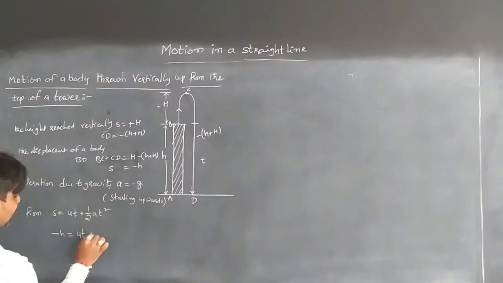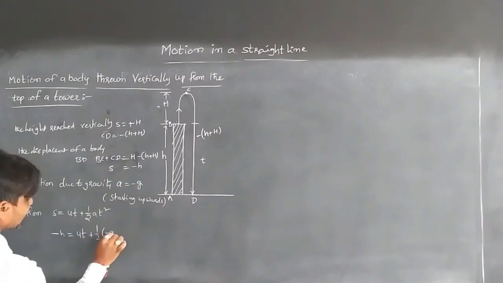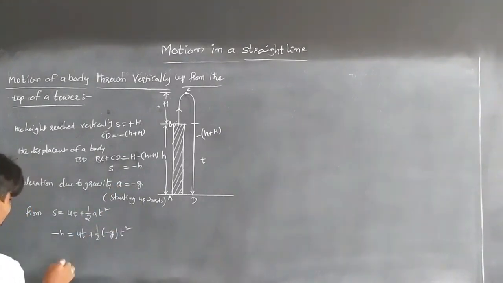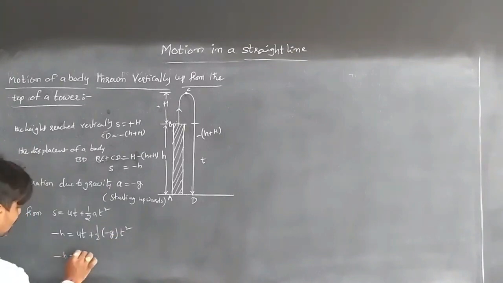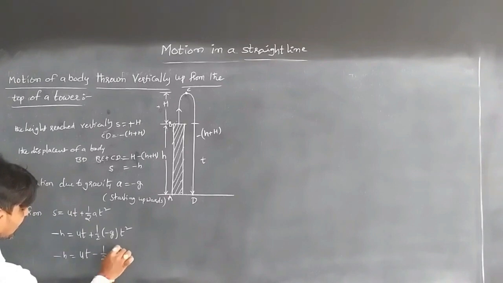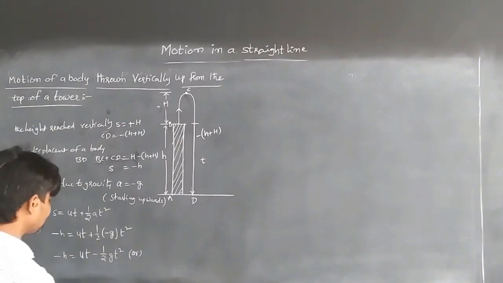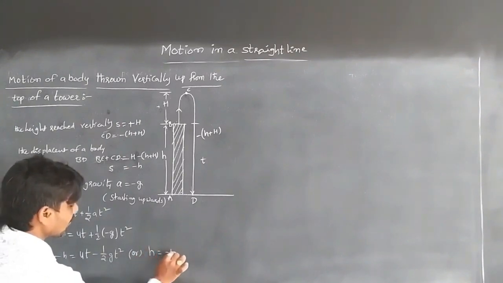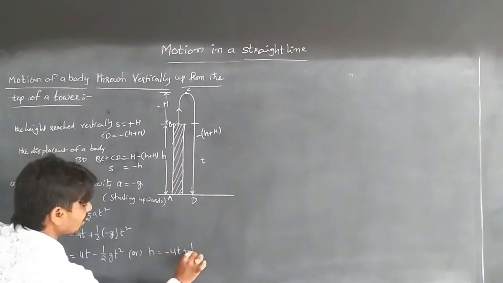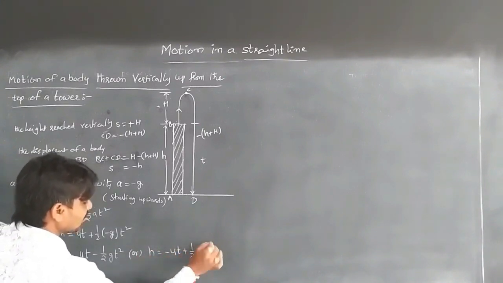If you substitute that, half of minus g into t square, so minus h is equal to ut minus half gt square. By changing the sign, h is equal to minus ut plus half gt square, we can also write.